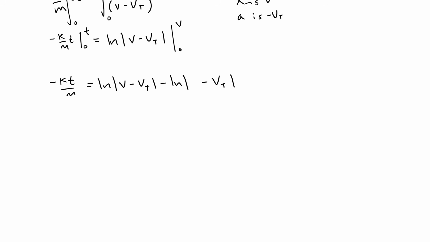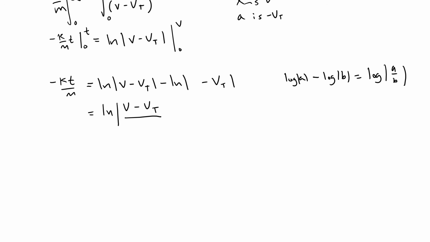So to simplify, we need to use a logarithm rule where log a minus log b is equal to log a divided by b. So I'll rewrite the right side as the natural log of v minus vt over negative vt, and I'll keep the left side the same.